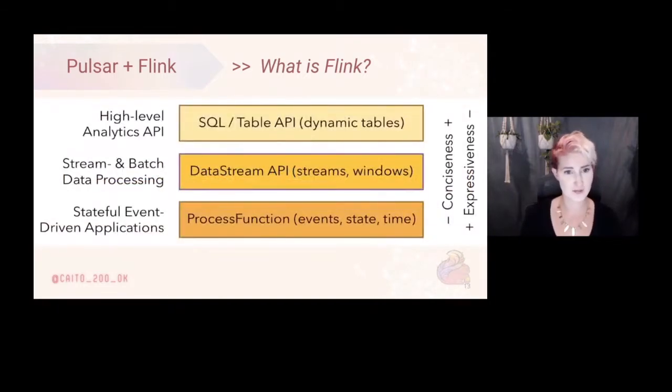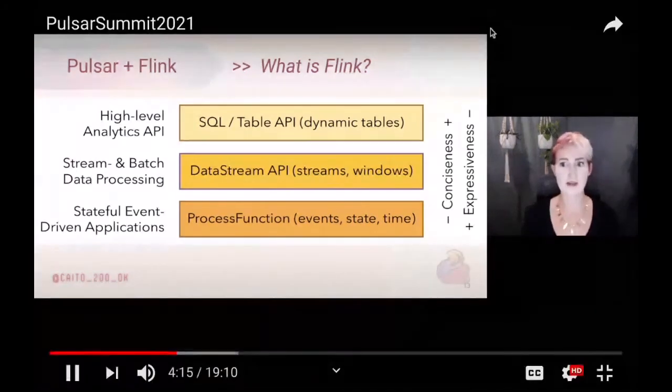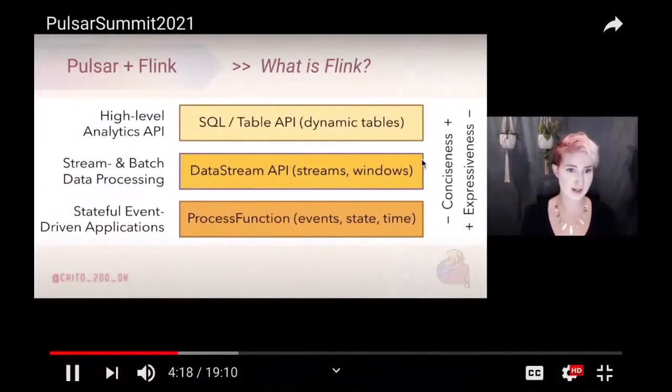And as part of this ecosystem, Flink has a series of APIs. The higher level the API, the more concise, but the less expressive, and vice versa. So the most expressive is on our lowest level with process functions. It's Flink's precision timing, event, and state-related functionality.